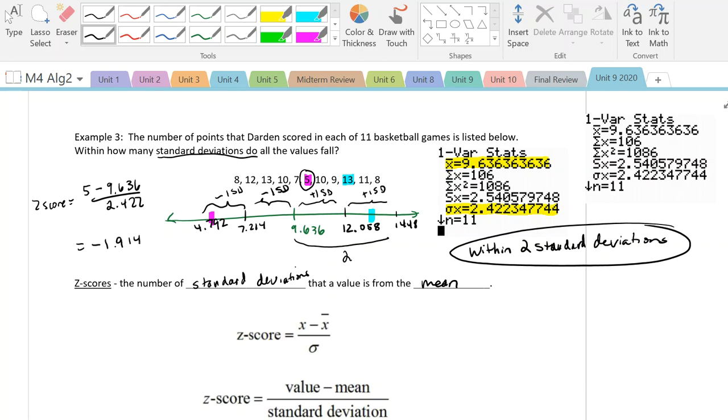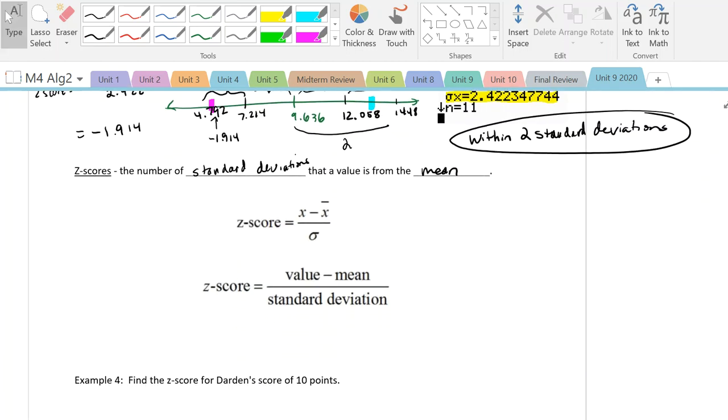So this previous question was only answering within whole standard deviations: within how many standard deviations does the data fall? And so this has a z-score of negative 1.914. So that's falling within 2 standard deviations. The z-score is not less than negative 2.